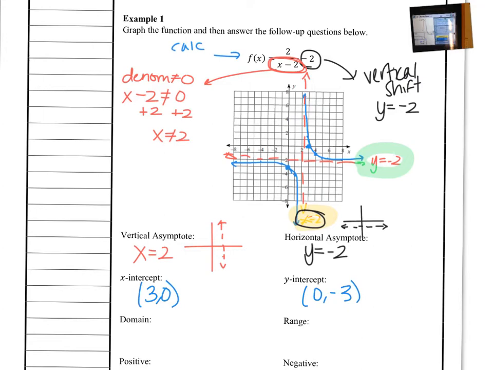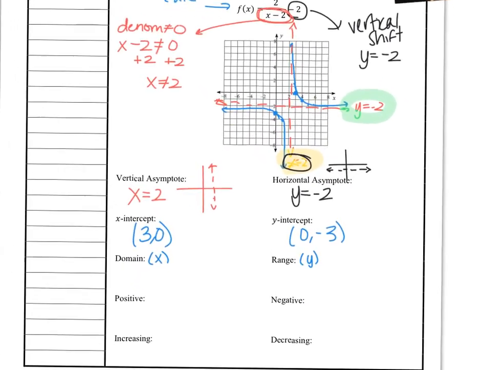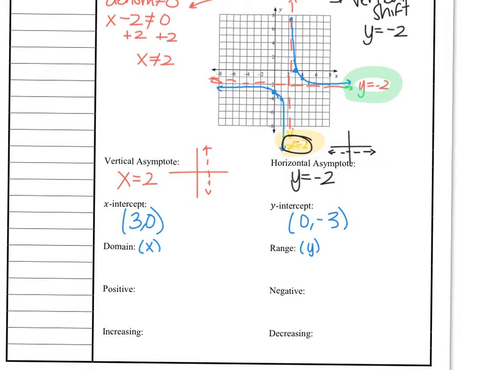The domain is all of your x values, while range is all of your y's. This is old news, so we're going to go through this pretty quickly. For the domain, we said we can be every x value except when x is 2. We're going to say this in two different ways, so you recognize it if it shows up either way.